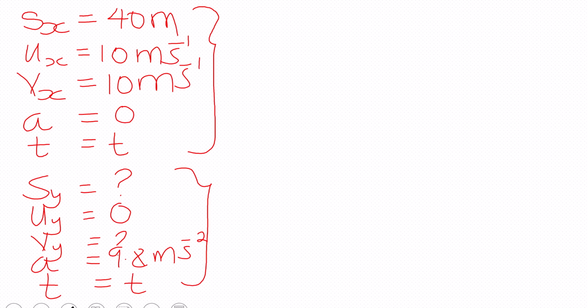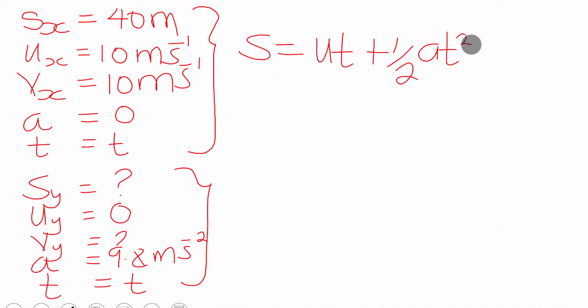Then we find the displacement from where the particle was released, and we are using the equations of motion. S is equal to ut plus a half a t squared. I will have s as 40 and I will have my u as 10.